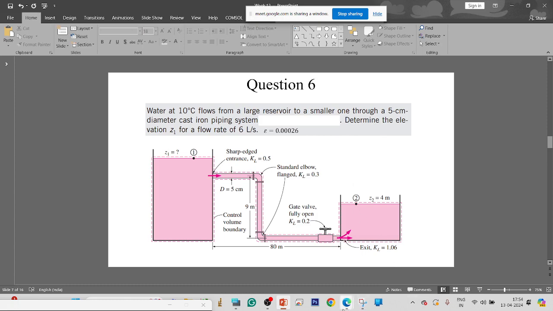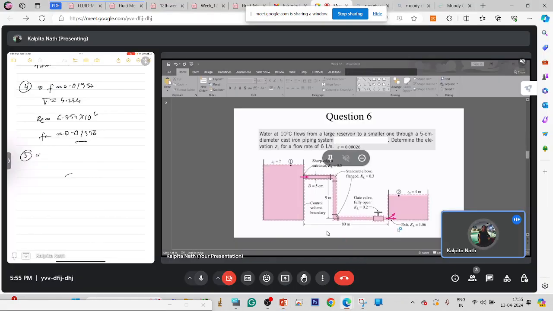Epsilon is given. I'll give you 1 to 2 minutes to solve this, and then we'll proceed with the solution.